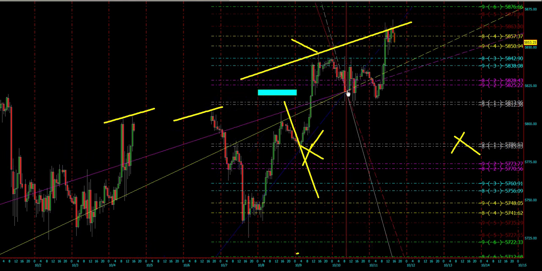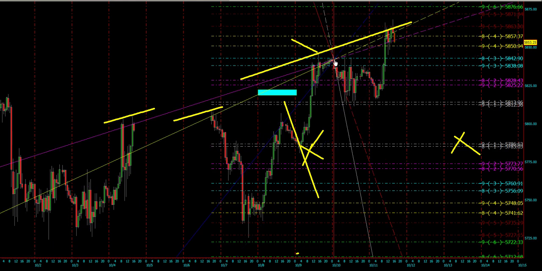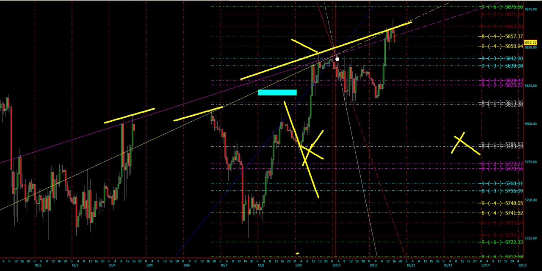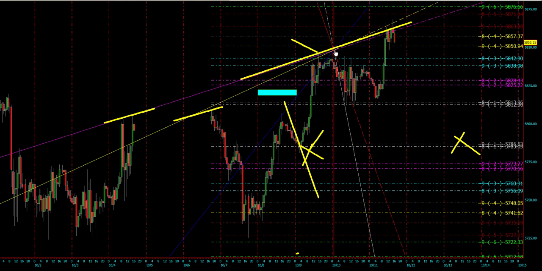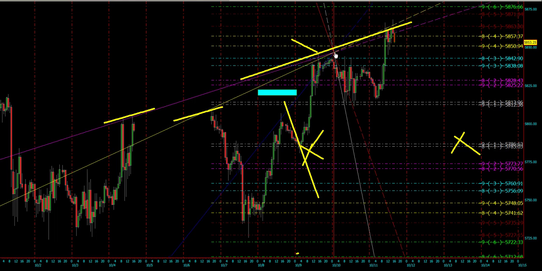Let's try this day. What do we do with this day? So I have this yellow line, and these two lines, the same lines we had before. We are sitting here and we have these lines. You can also use this line.